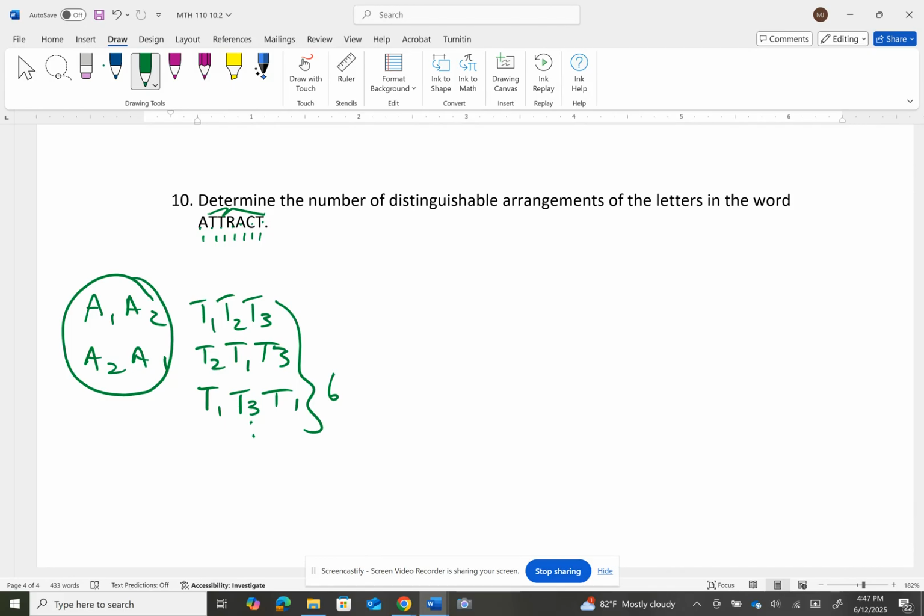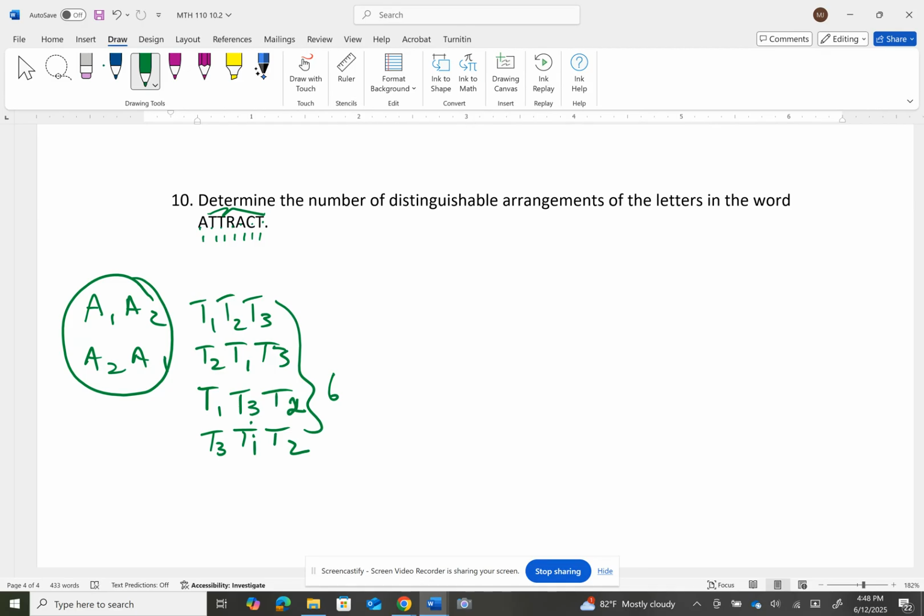And then let me just continue this. If I arranged the 3 T's, then I could have done a bunch of different things. I could have done 1, 2, 3 or 2, 1, 3. I could have done 1, 3, 2, or I could have done 3, 1, 2.